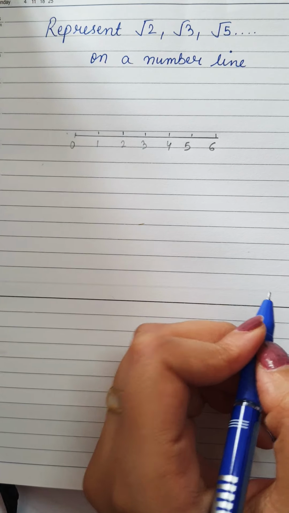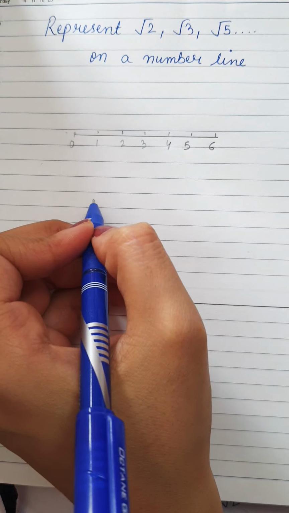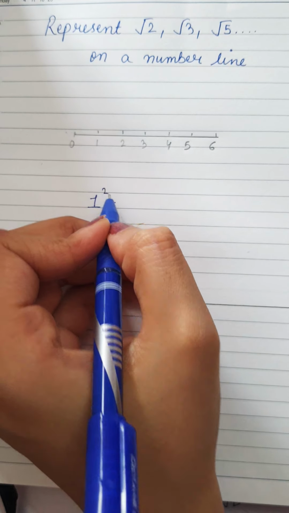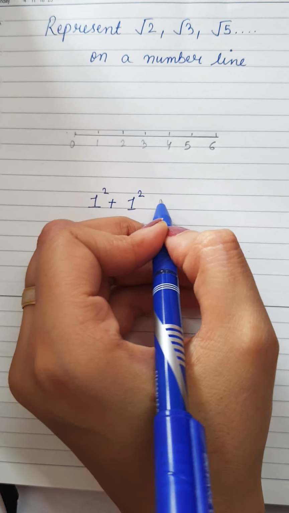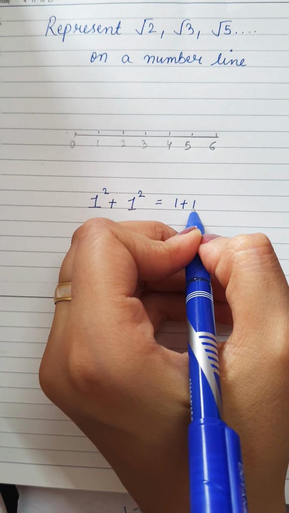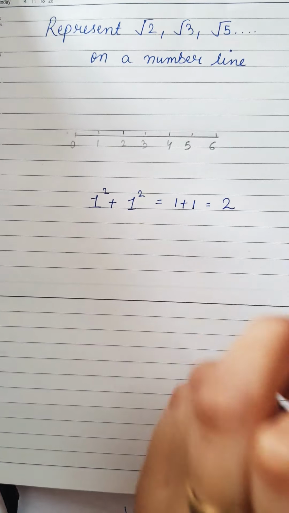First, let us understand the theory behind it. If we take square of 1 and square of 1, that will be equal to 1 plus 1, which is 2.